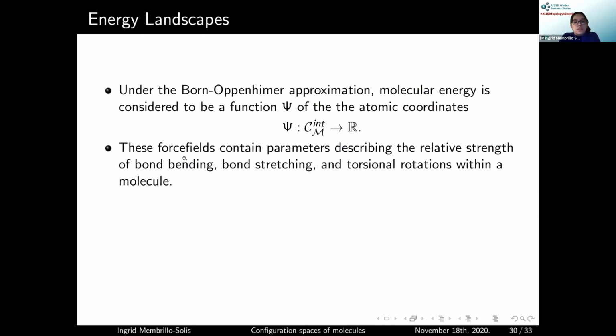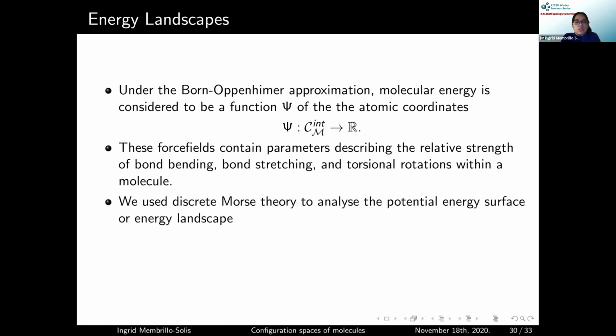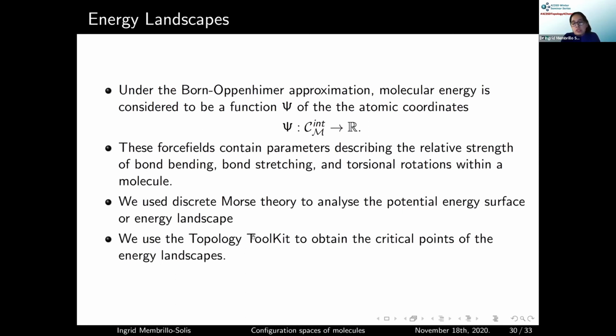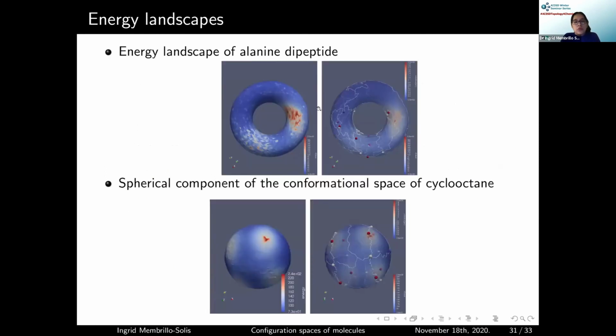These force fields contain parameters describing the relative strength of bonds, the stretching of bonds, and torsional rotation within a molecule. We use discrete Morse theory to analyze the potential energy surface or energy landscapes, and also a topological tool, and here I'm just showing what we obtain.